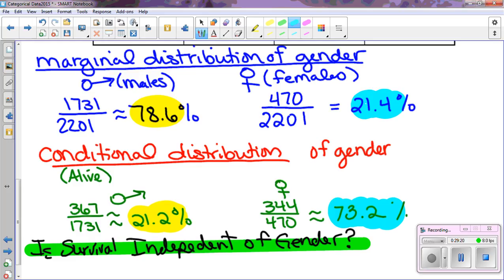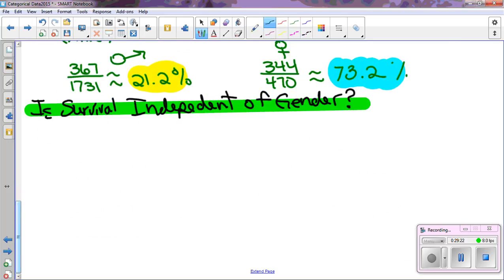We'll reason through and see why that makes sense. We're going to say that they are dependent. We should be specific and use our context.